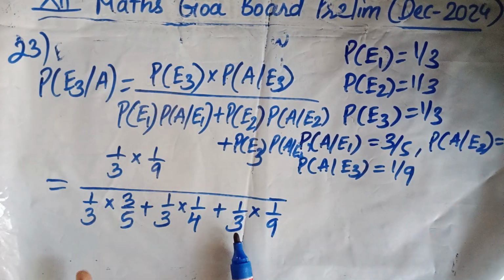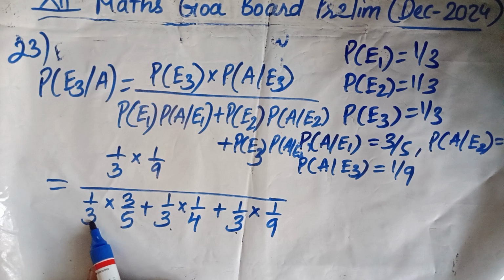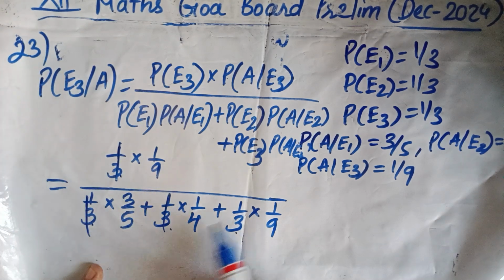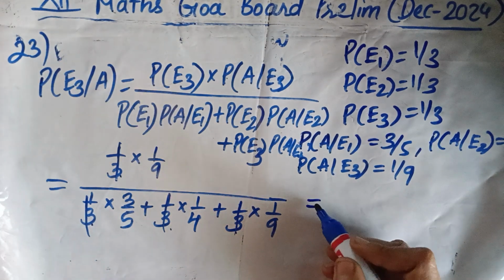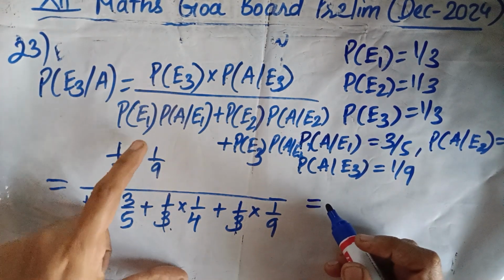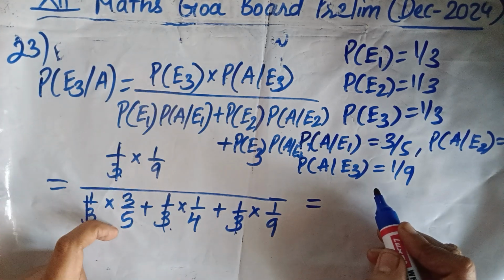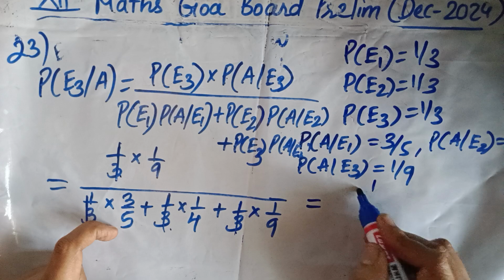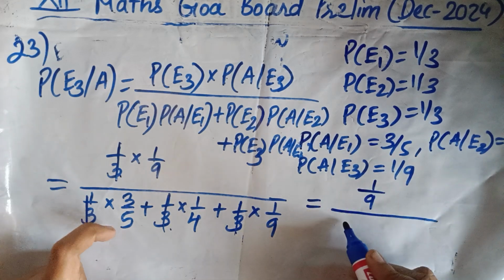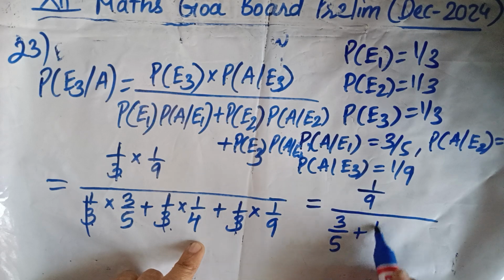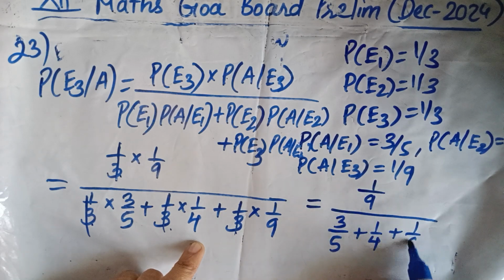Now you can take 1 by 3 common from the denominator and also from the numerator, so this gets cancelled. Remaining is 1 by 9 upon 3 by 5 plus 1 by 4 plus 1 by 9.